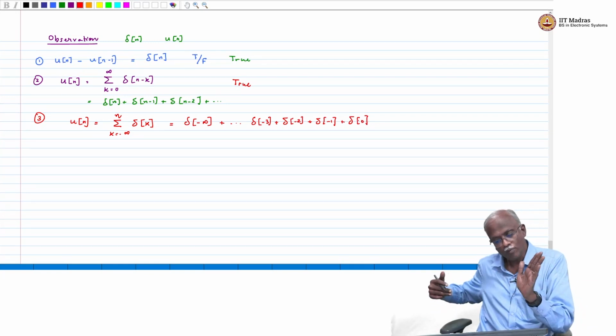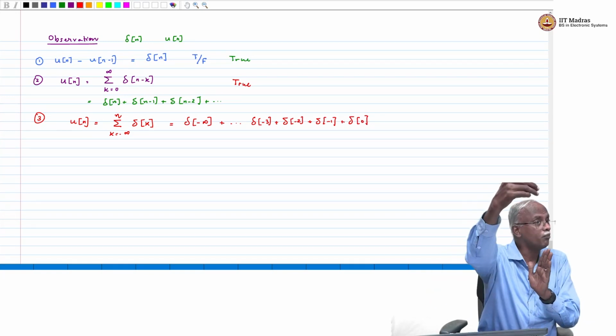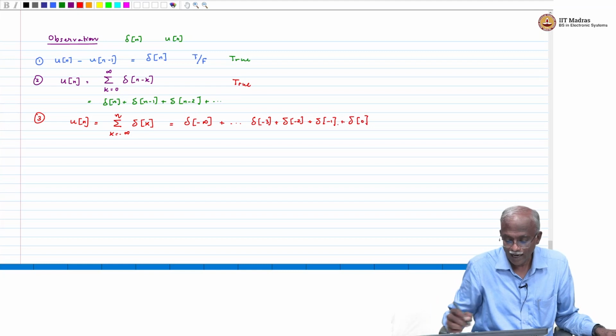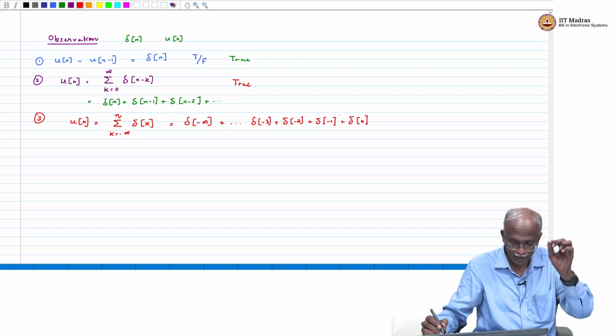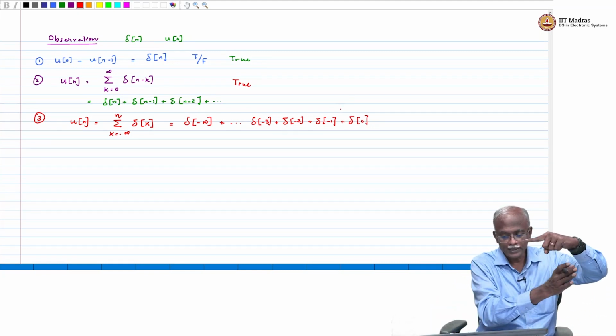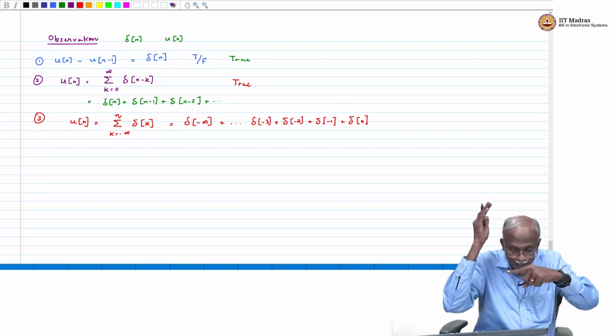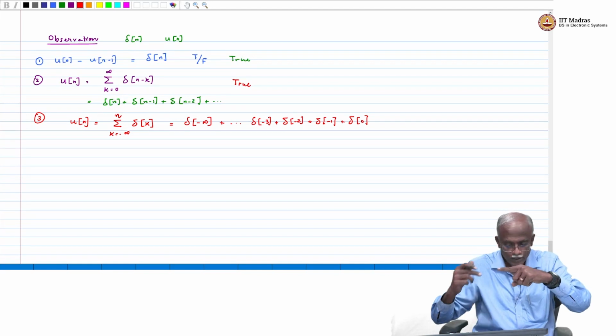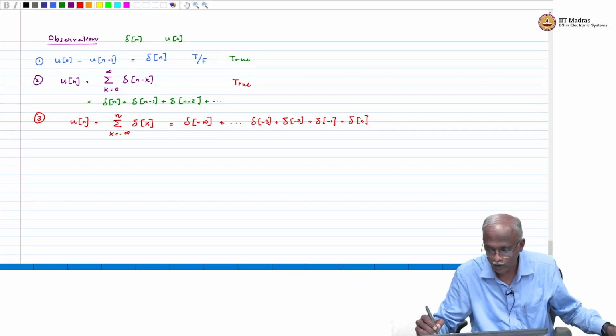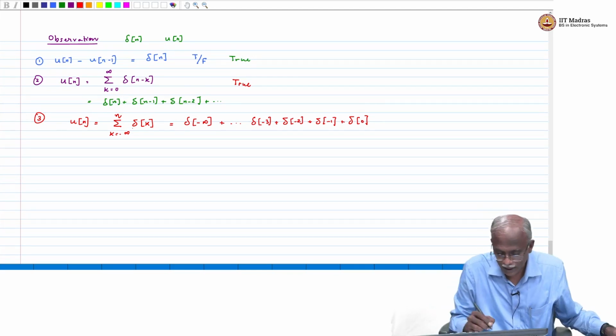So, when I go from minus infinity to some positive value, until you come to n equal to minus 1, the summation is only going to give you 0. When you reach u of 0, that means your summation now includes delta of 0. That means you will start getting 1.